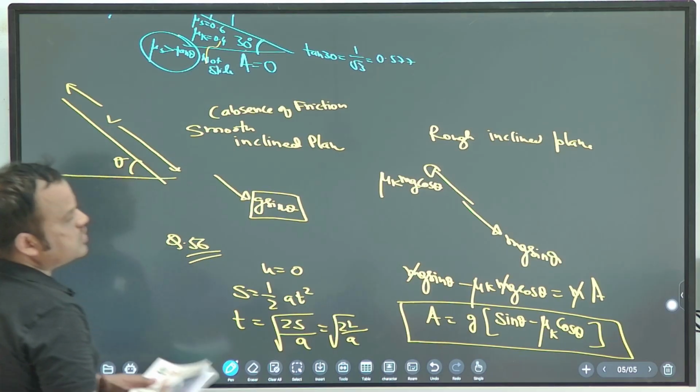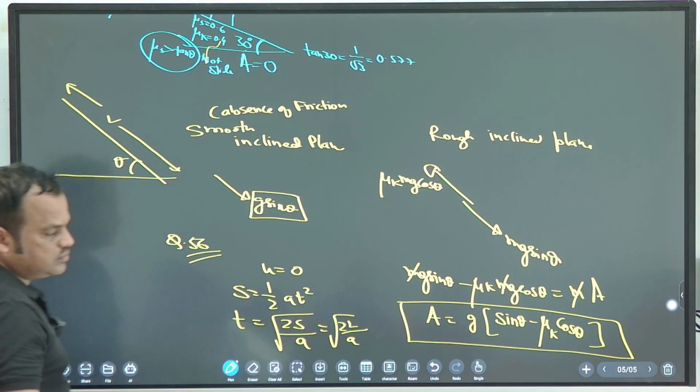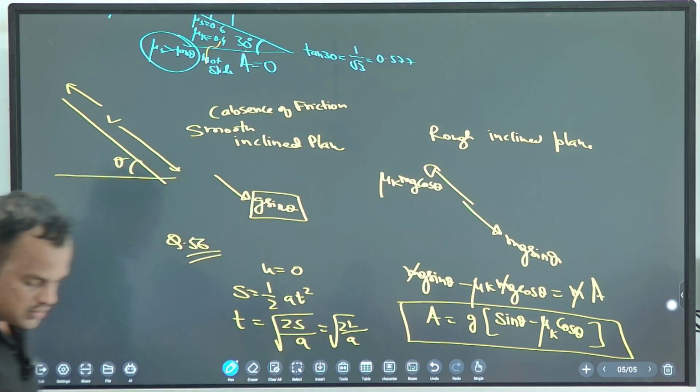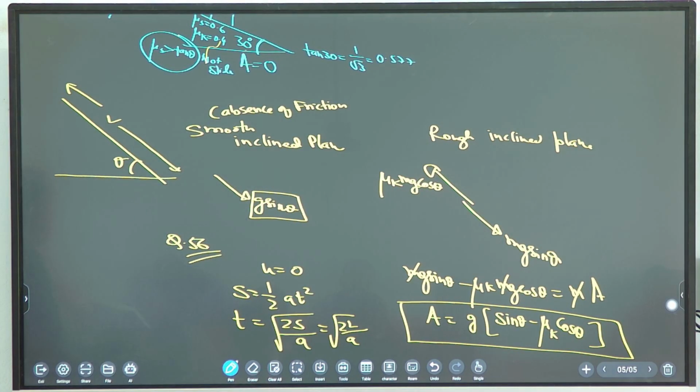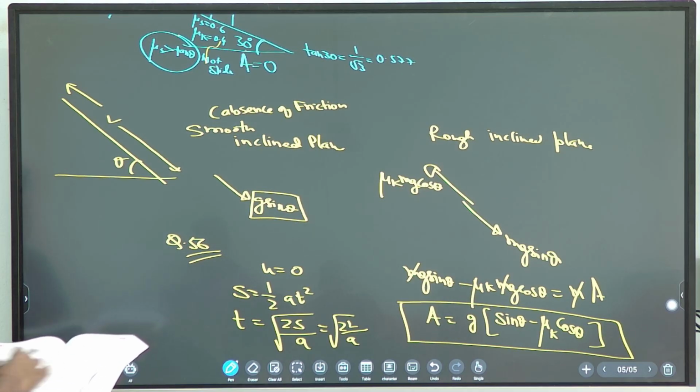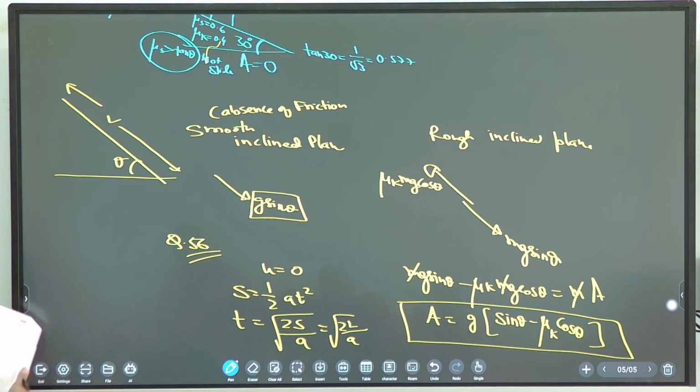Okay, finish it first. Then give me that DC Pandey book. DC Pandey book. Okay. So page 264.